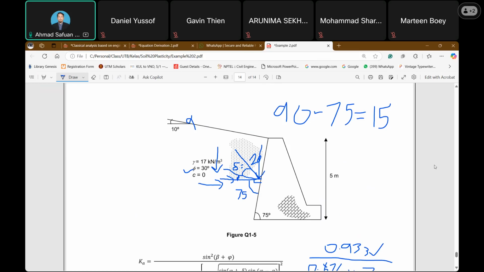So 15 plus 20 is the value of the angle.